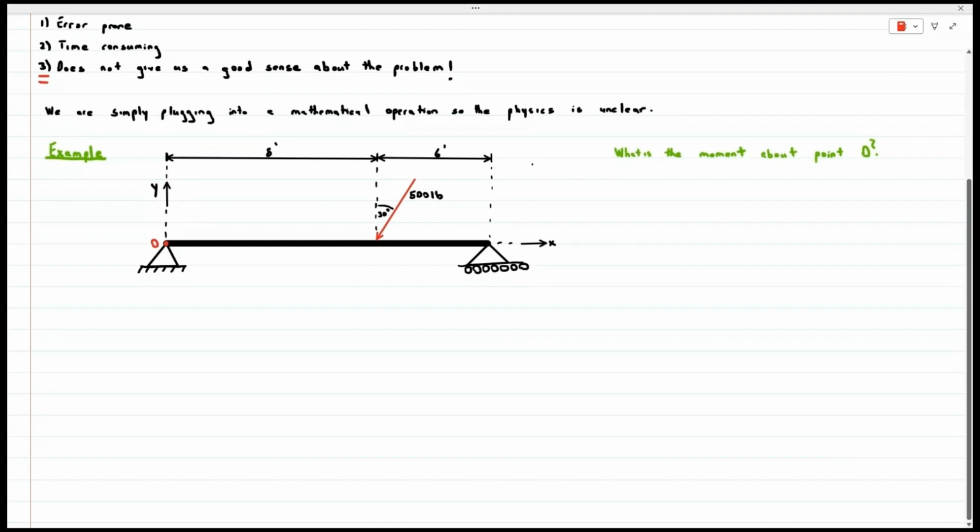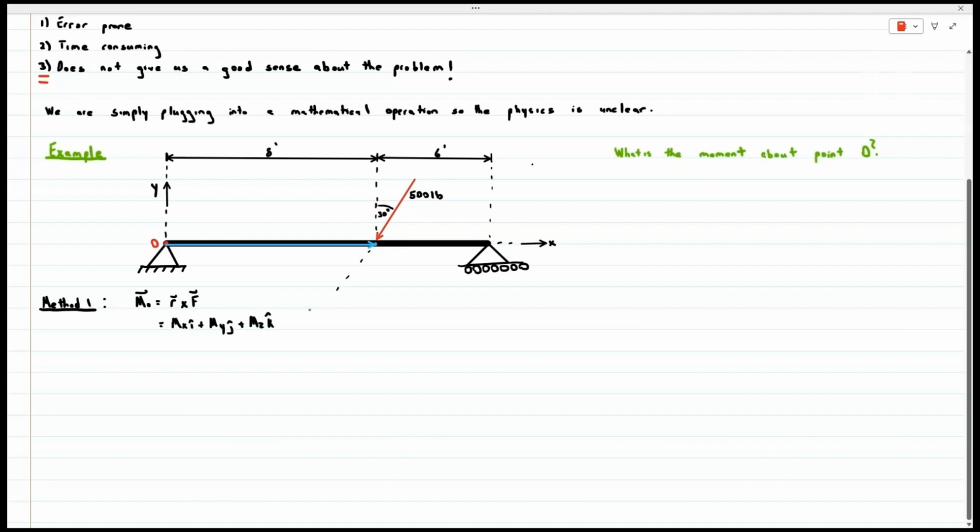The first method we're going to use is relying on the cross product. We remember that the cross product is R cross F, where R is just the blue vector shown, and F is the red vector.